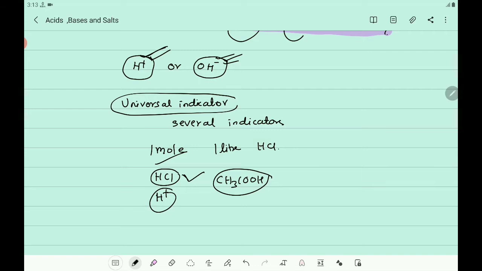Similarly, one can find whether it is a strong base or a weak base. Here we have to count OH minus ions. Here you have taken hydrochloric acid and acetic acid, and we found that H plus ions are more in number in 1 mole of HCl, and fewer in 1 mole of acetic acid. So HCl is stronger.